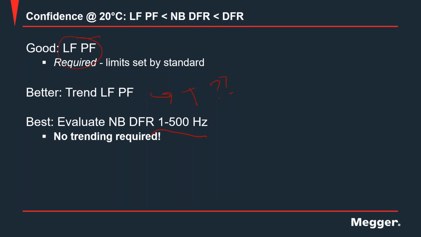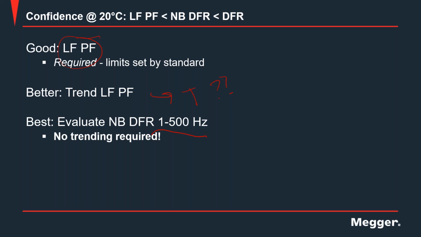It's a band of frequencies that allows us to look not only into the solid insulation system, but also the flexibility and the sensitivity of 1 Hz, okay? And that is much more sensitive than our only line frequency value, 60 Hz or 50 Hz. Trending is not required, okay, if it is properly corrected to 20°C. We will see now some examples down the road in the presentation.